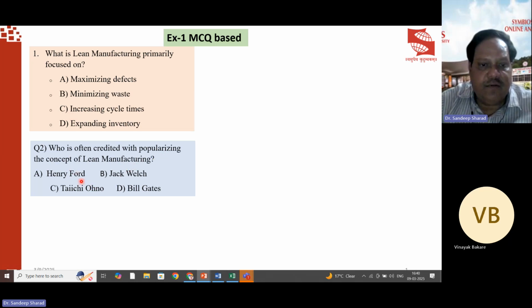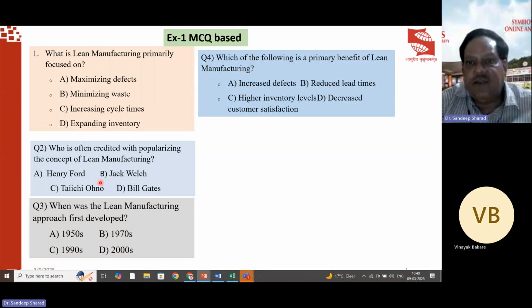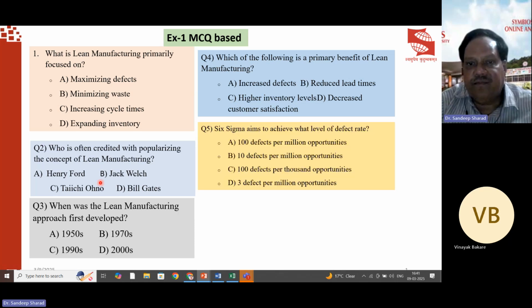That is Henry Ford. When was the lean manufacturing approach first developed? 1950. Which of the following is the primary benefit of lean manufacturing? Increased defects, reduced lead time, higher inventory levels, decreased customer satisfaction. Reduced lead time.